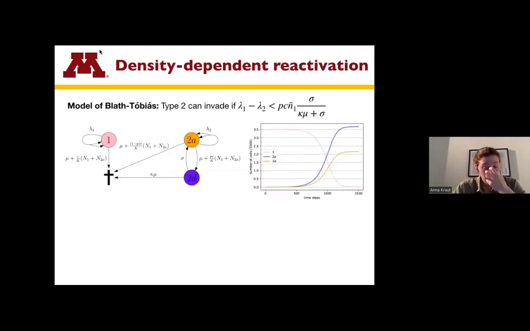I want to briefly remind you of the model of Jochen that has been discussed on Monday, where there were two different cell types, type 1 and type 2, and I have hopefully chosen the same parameters as in Jochen's talk to not confuse you any further. Now lambda is not the net growth rate, but the rate of cell division, lambda 1 and lambda 2 respectively for type 1 and type 2.